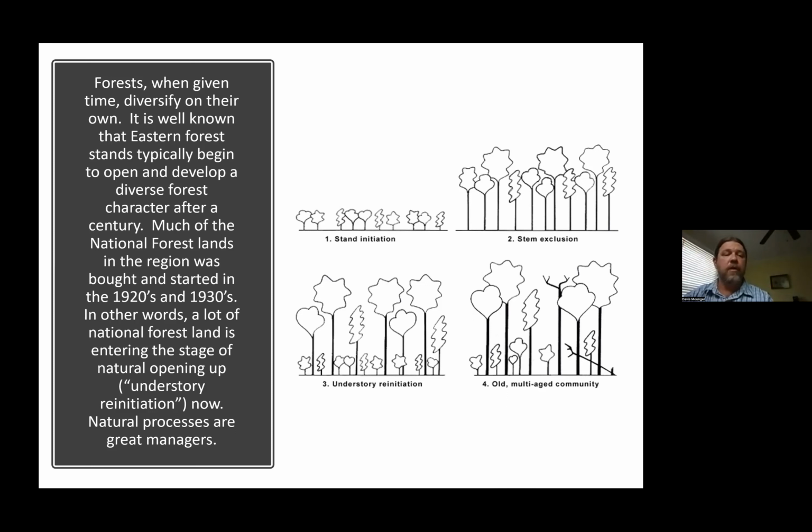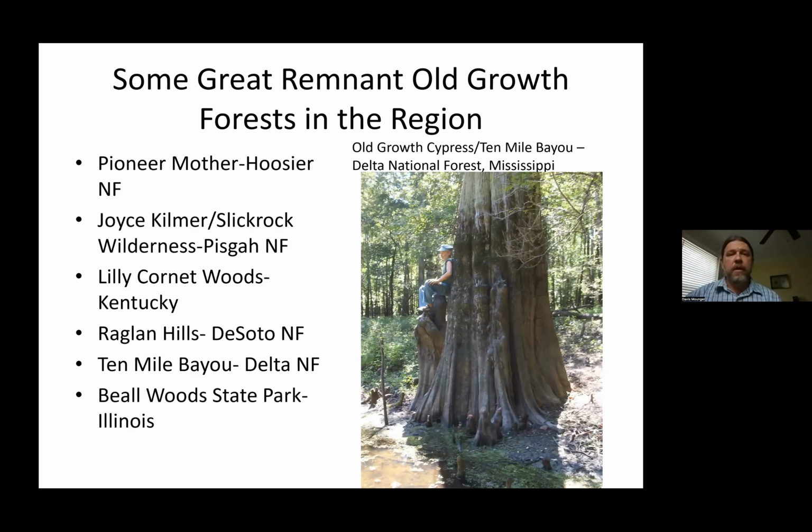But we have to let natural processes be the manager. If you want to see examples of this, go to some of our remnant old growth forests in the region, like the Pioneer Mother or the Kilmer, Lily Cornet. There are so many places out there. They may not be huge acreage, but they should be treasured and researched.